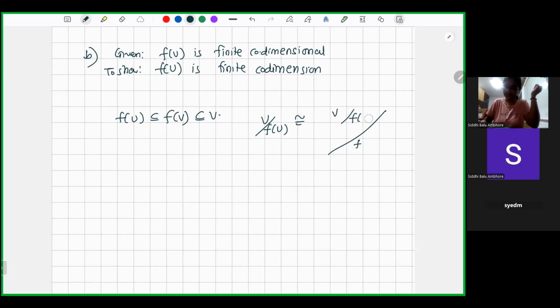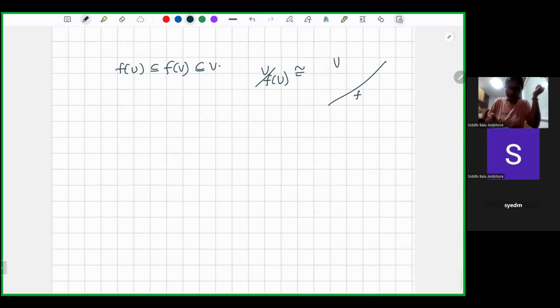Something like this, this is the smallest one. This quotiented by this, oh, this will be f of V here. We can also do this. Let me just directly write this: V quotient f of V, V quotient f of U.